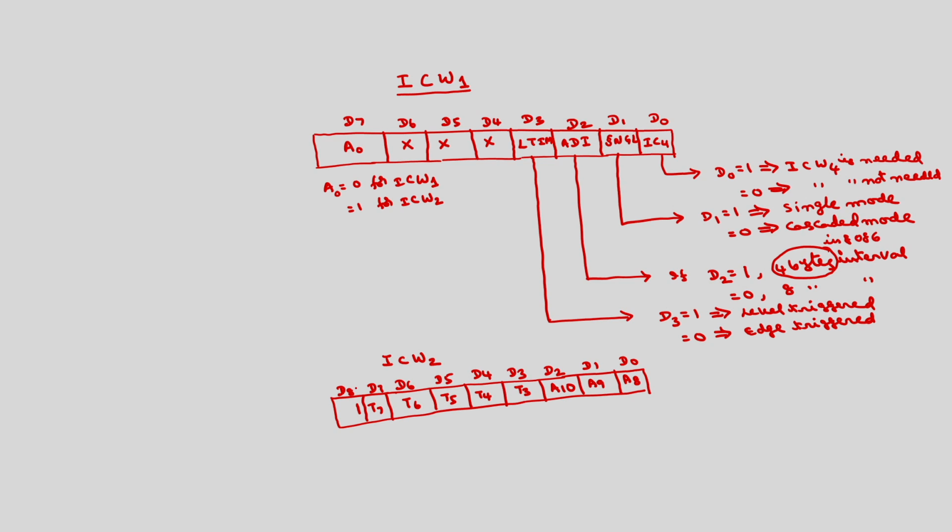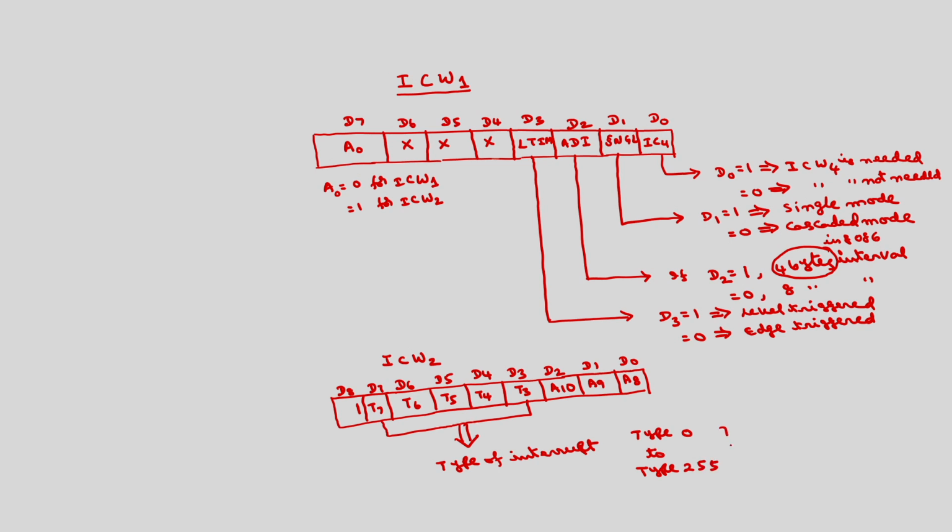These bits in case of 8086 will decide the type of interrupt. We know that in case of 8086 there are 256 types of interrupts, type 0 to type 255. This we discussed while discussing the interrupt system of 8086.